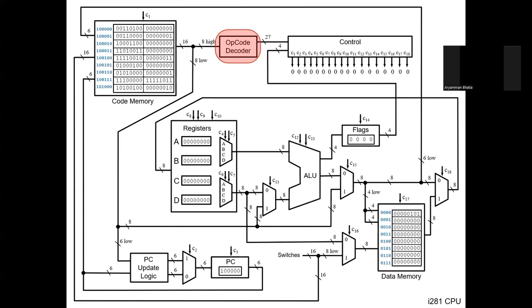So the opcode decoder decodes these 8 bits to decide which operation needs to be run, and accordingly makes that line one. So it's one hot encoding basically. But if you notice, the output from the opcode decoder is 27 bits. So why these extra 4 bits? We'll also get into that.